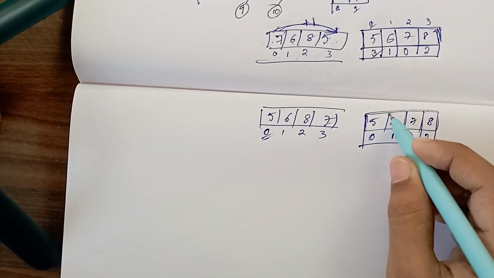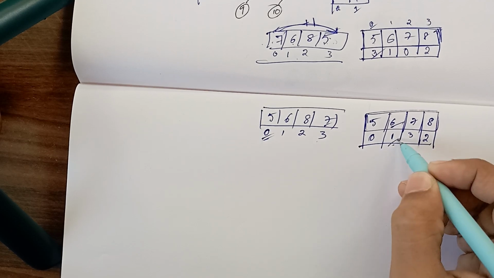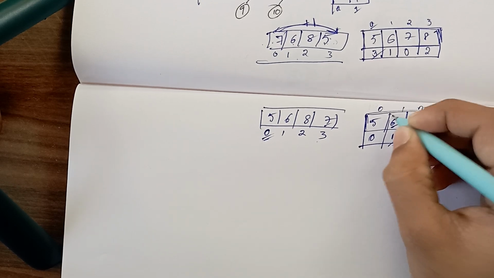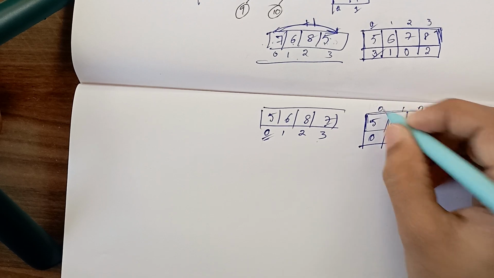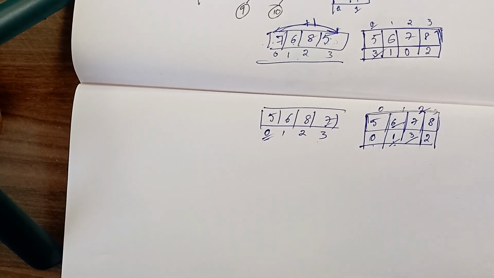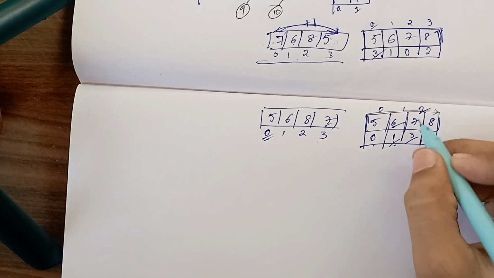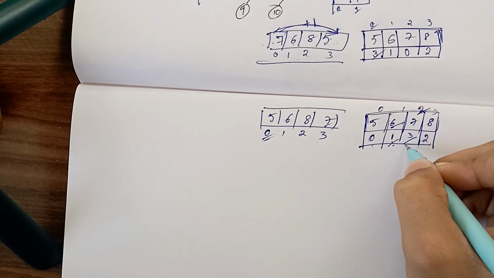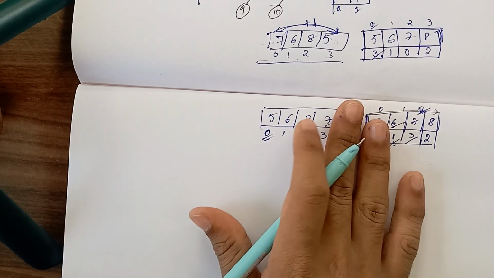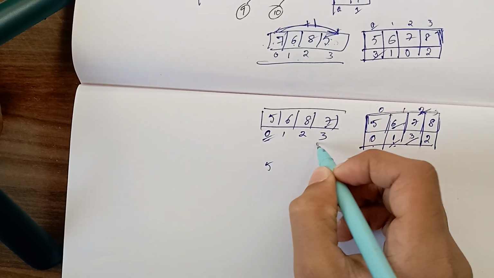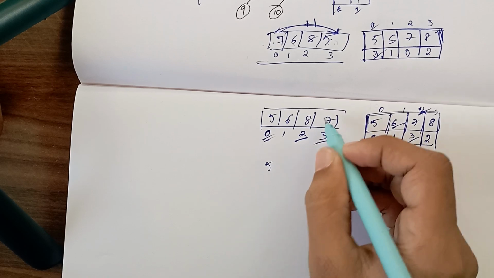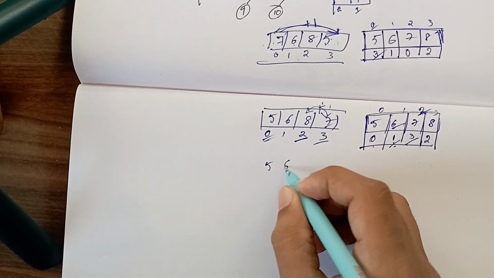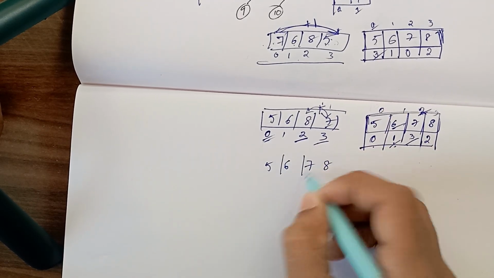Now consider the next element, 6 and 1. It is at the correct index position: 0, 1, 2, 3, 1 is equal to 1, 0 is equal to 0. Now 7 is at index 3 but it should be at index 2. So swap the elements at 2 and 3, then 7 will come to the actual index. If you swap index 2 and index 3, increase the count by 1, and the array will become 5, 6, 7, 8.